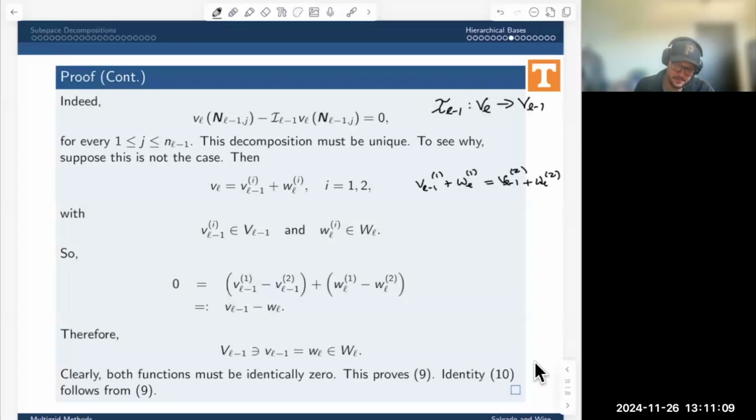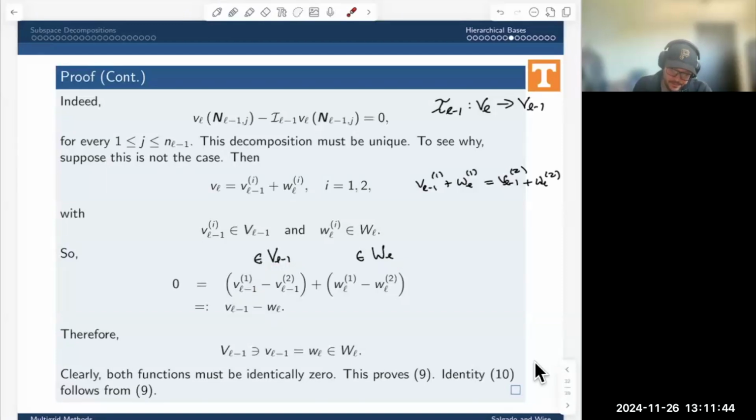Now look at this. Because V_{L-1} is a vector space, this difference lands back in V_{L-1}, and this difference here is in W_L. I can call these two differences respectively delta V_{L-1} and delta W, but in any case, this one is in V_{L-1} and this is in capital W_L.